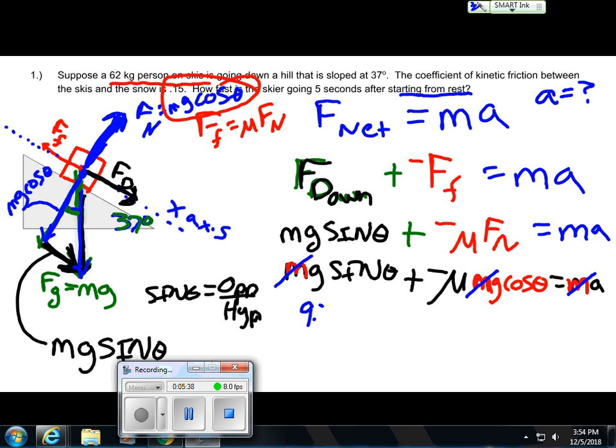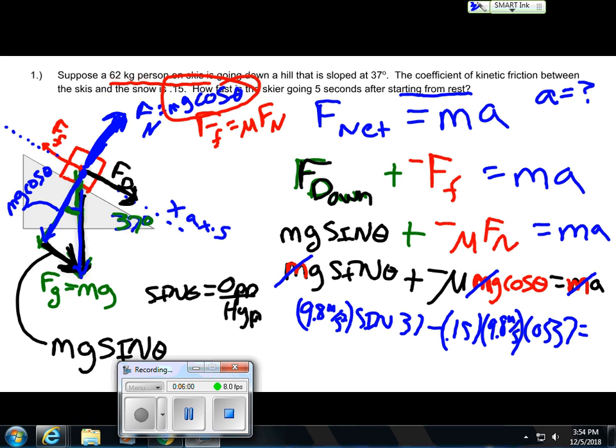All right, so I'm going to put in values. 9.8 meters per second squared times sine of 37 degrees minus 0.15, that's the coefficient of friction, times 9.8 meters per second squared cosine 37 is equal to a.